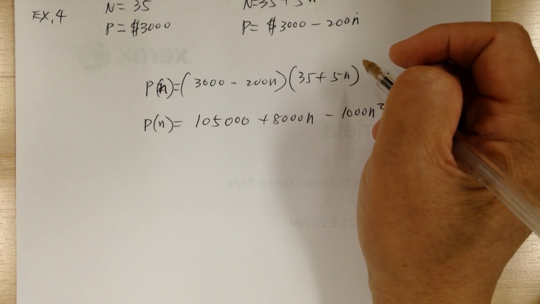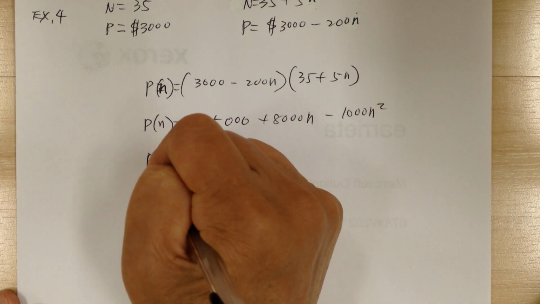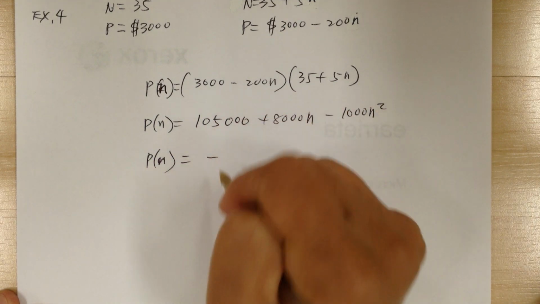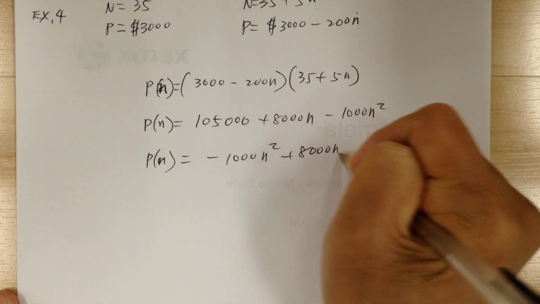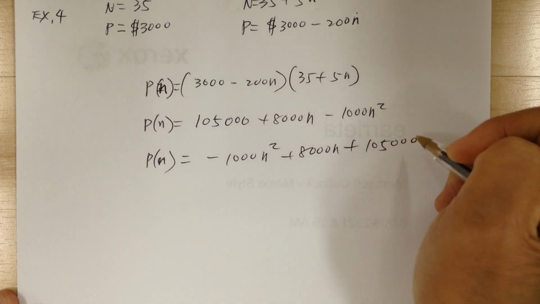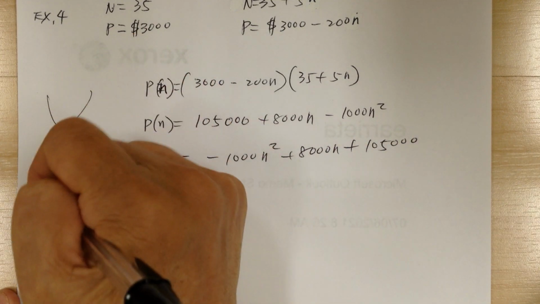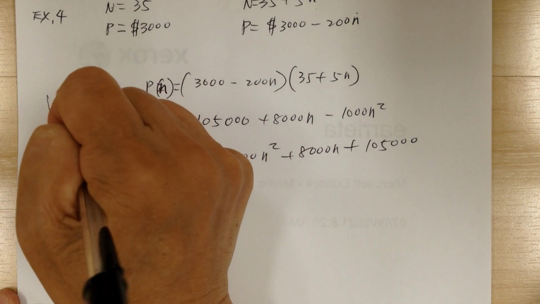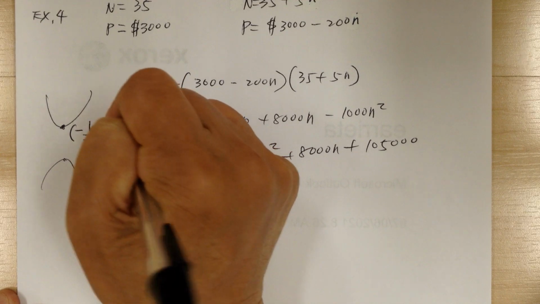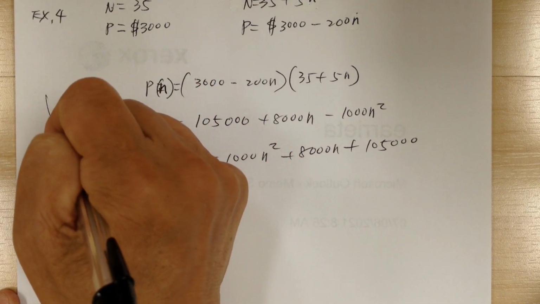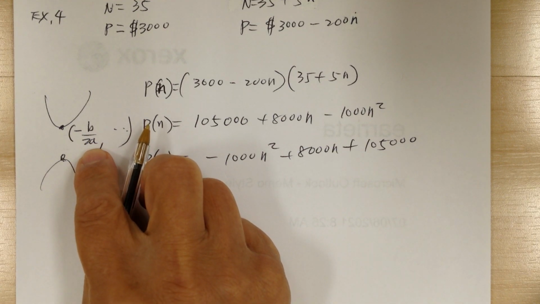To find the vertex, when you have a quadratic equation, I'm going to switch it around, so it'll be negative 1,000 n squared plus 8,000 n plus 105,000. Now, when you have a graph, whether it opens this way or this way, the coordinate of the vertex for the x is negative b over 2a.